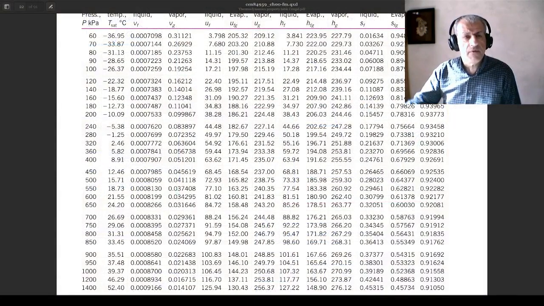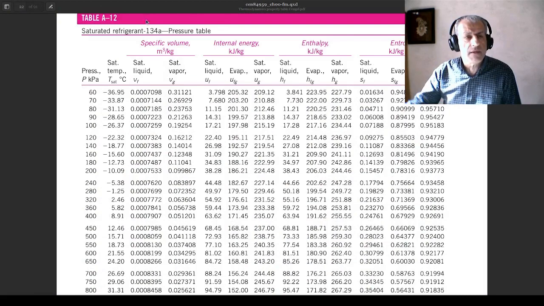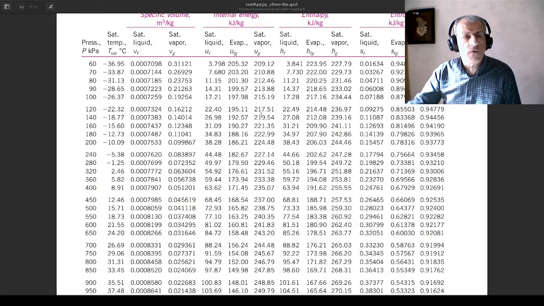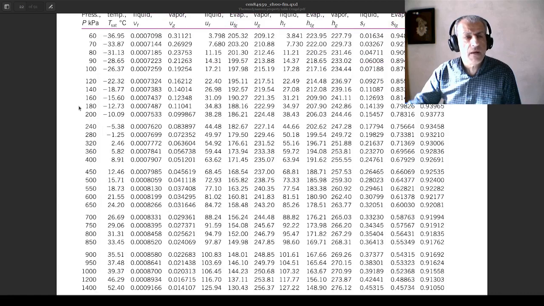This is the table for R134A, and in this table we have information for saturated R134A at 200 kilopascal, and also a few lines down we have all the knowledge for 900 kilopascal.